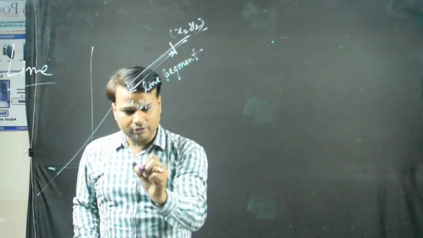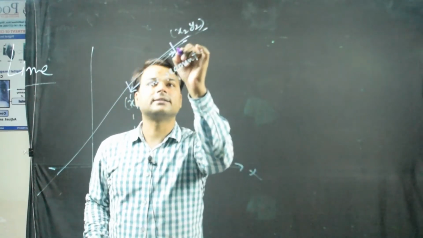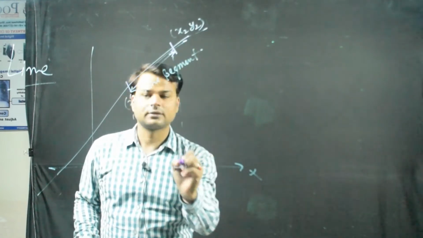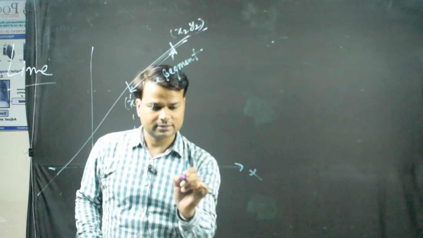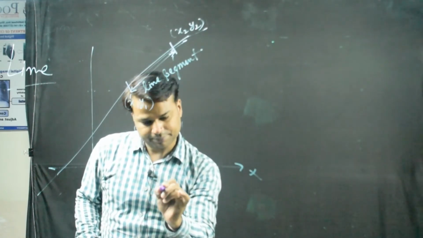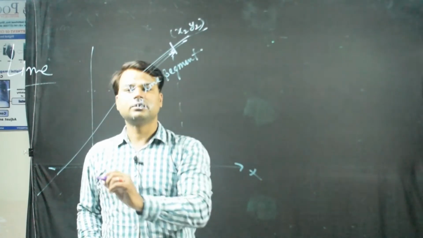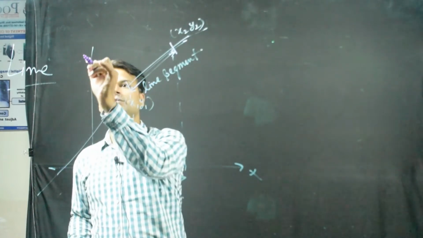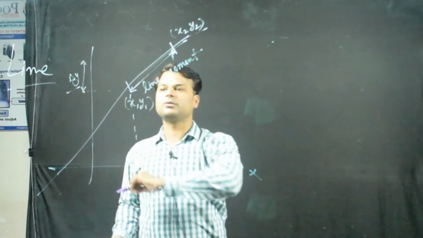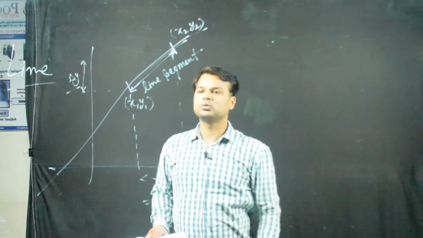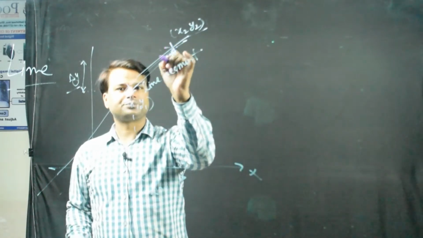When we drop it on the x-axis and y-axis, this is the number of steps we need to move from x1 to x2, and this is the difference of y, that is the number of steps moved in the y-axis to cover this coordinate point.